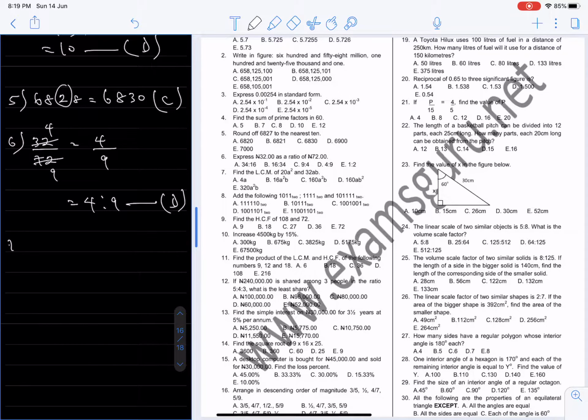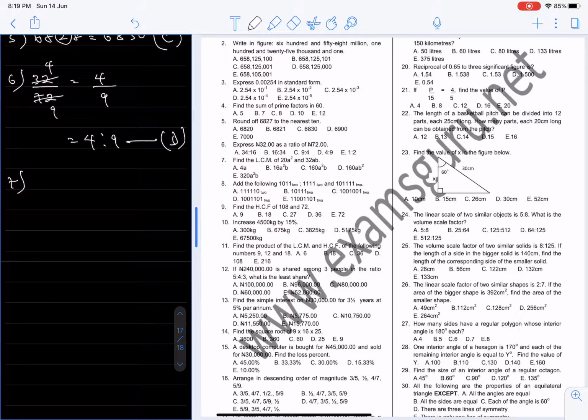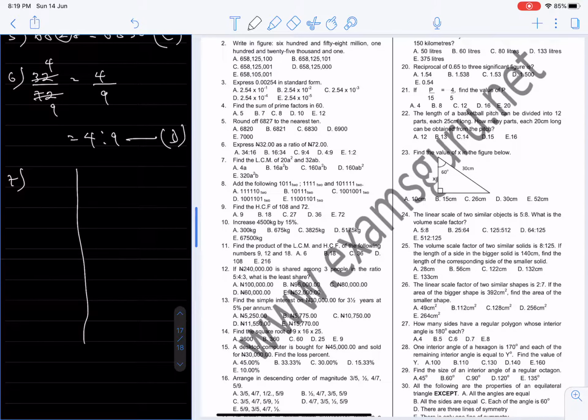Now to number 7. Find the LCM of 20a squared and 32ab. I'm going to use the very simple method. The first thing is we can divide by 2 to start with.